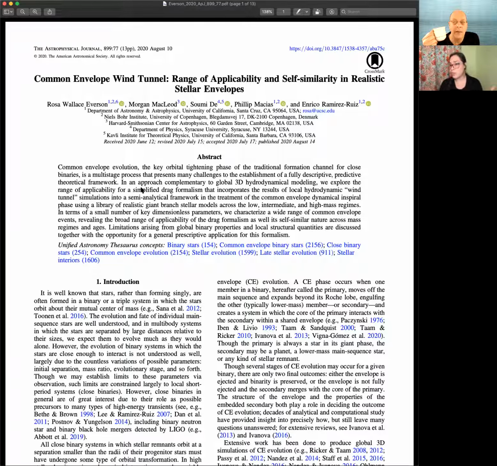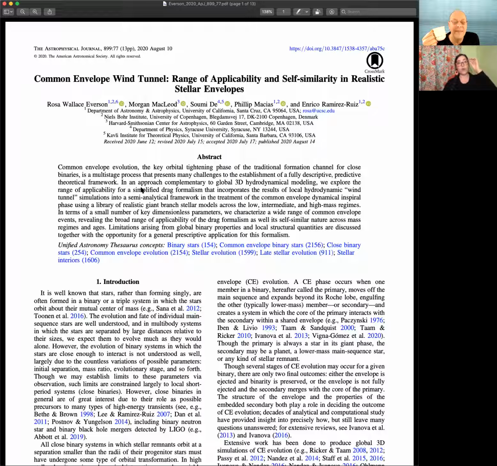This is a problem when you're trying to do a global simulation, when the same process can range in time scale from a few years to a few thousand years, and on length scales that go from dealing with accretion on neutron stars all the way to a star that's puffed up to, say, 500 solar radii.